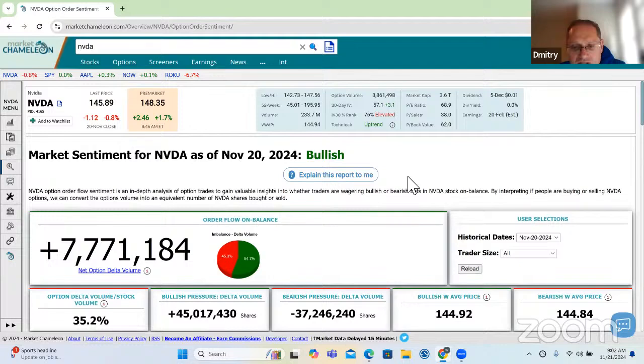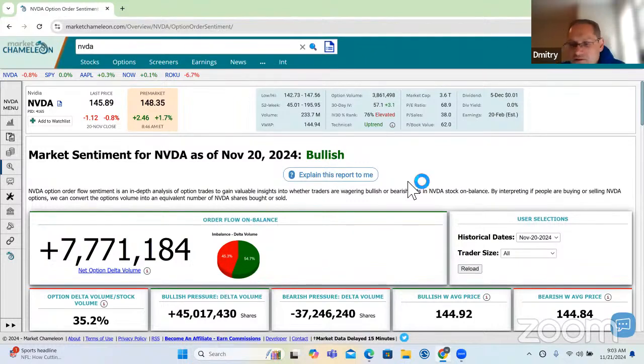In this report, what the report is attempting to do is analyze the option trades and convert that volume, instead of just option volume, into a delta volume, because options have different risk sensitivities, and one of them is the risk to the direction of the stock.